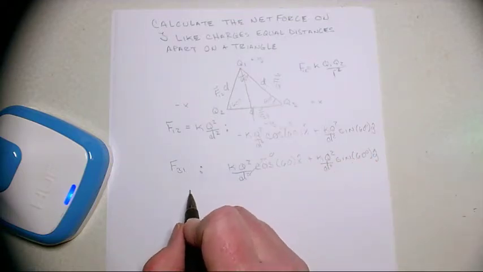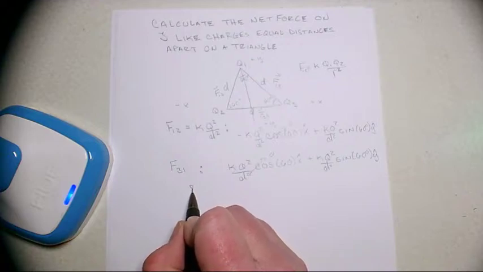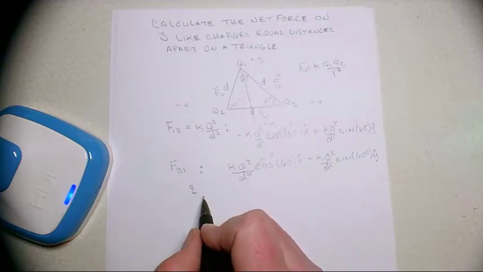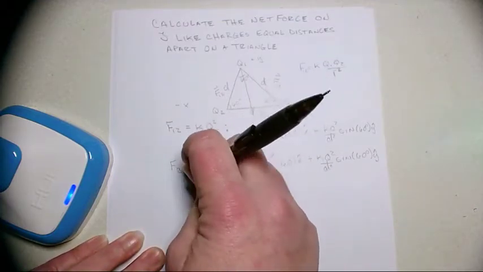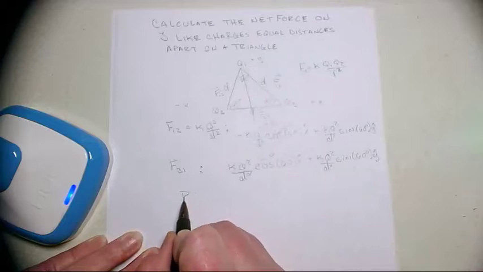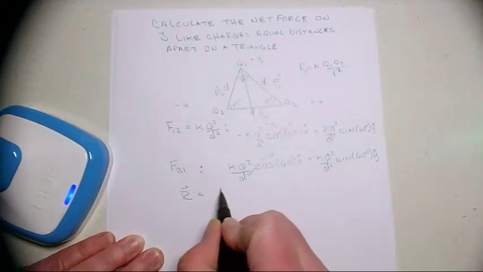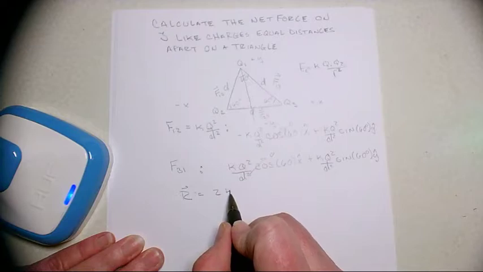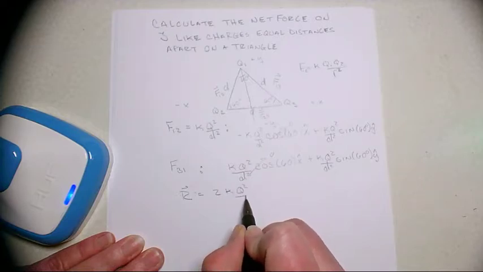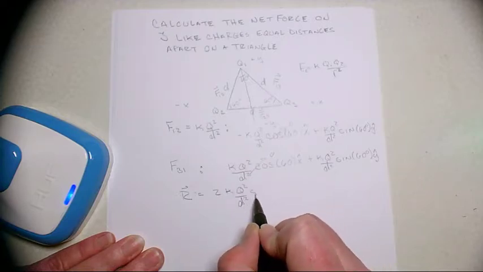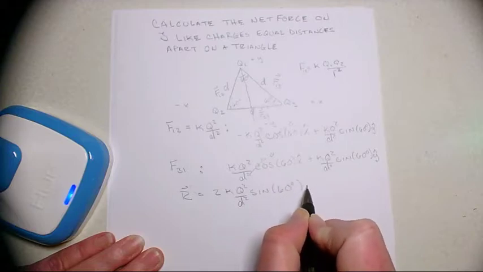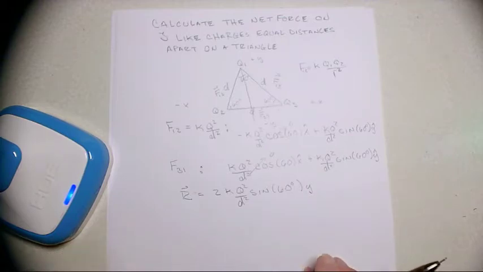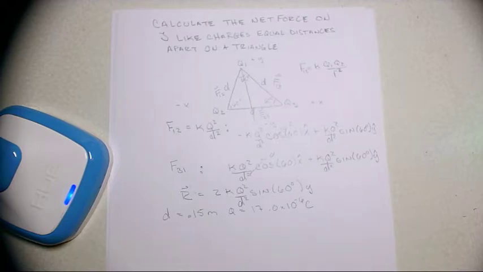So the sum of the forces for F31 and F32, or we'll just call it the resultant to make life easy. Resultant vector is 2 times k q squared over d squared times sine of 60 degrees, y hat. And do we have some values that we can give that? Okay, so I gave it some values.